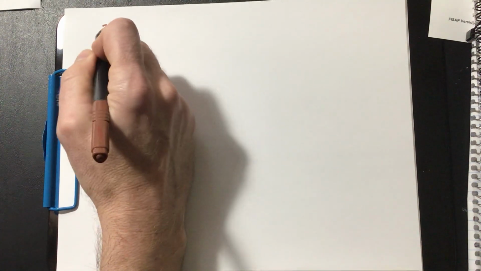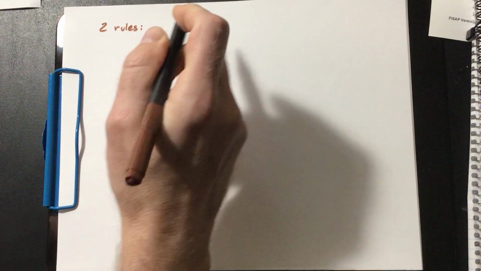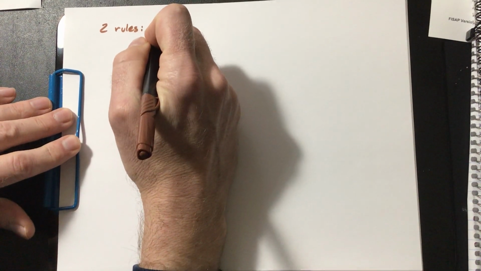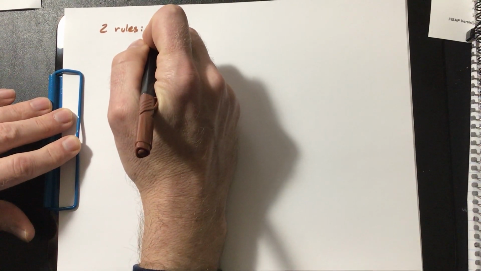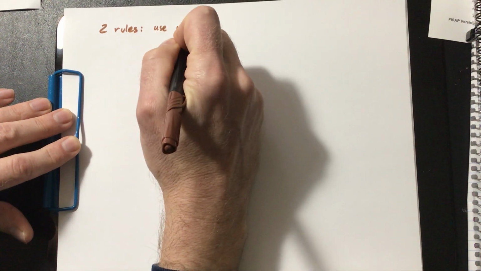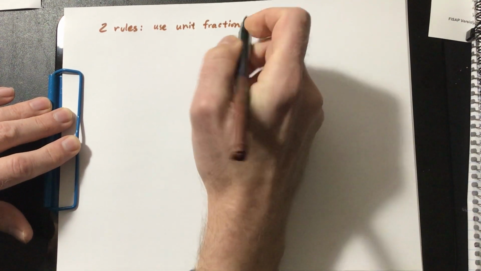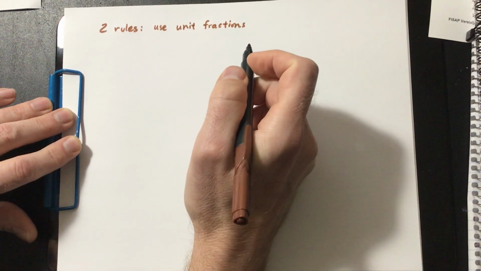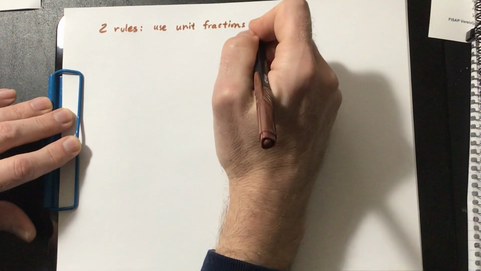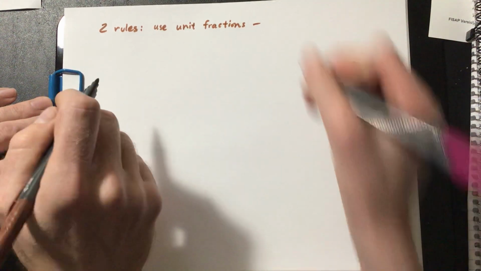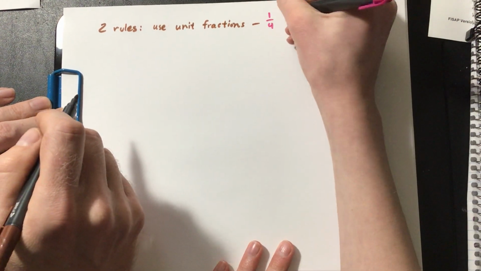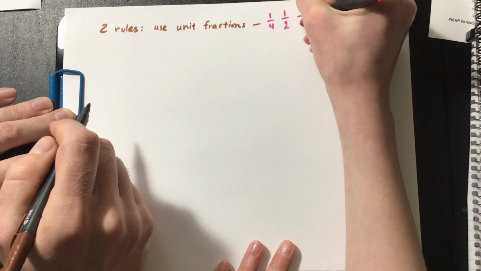Okay, so Egyptian fractions, there were two rules for Egyptian fractions. Yes. You had to use unit fractions. Do you remember what a unit fraction is? Yes. It's like 1/4, 1/2, 1/6.